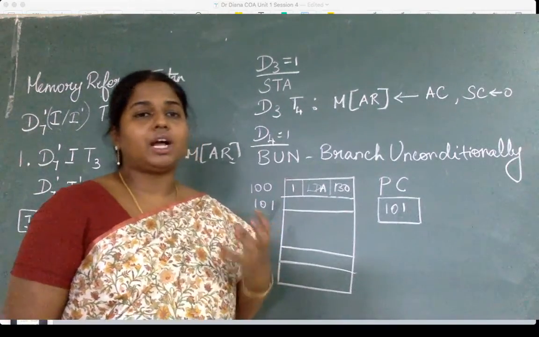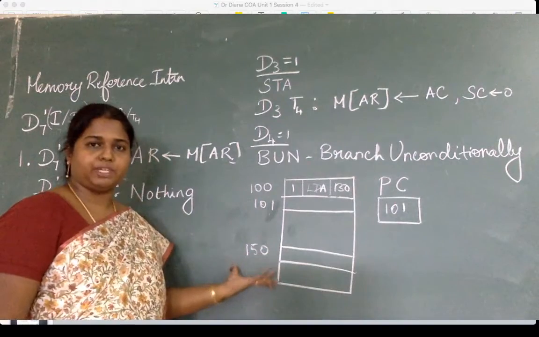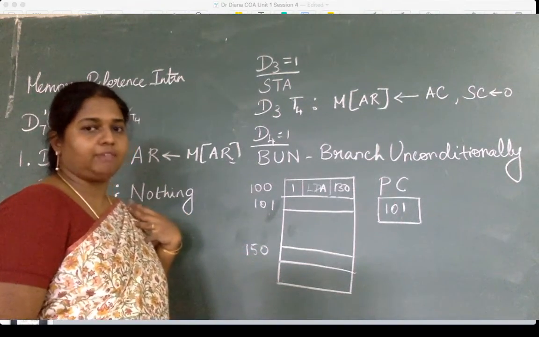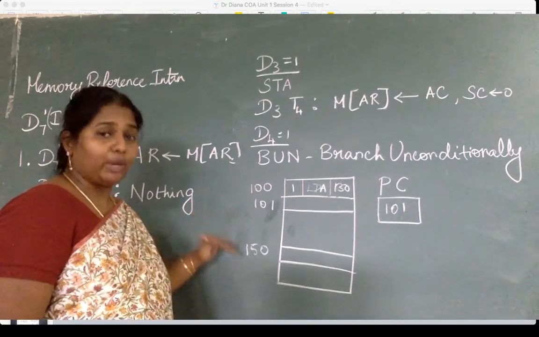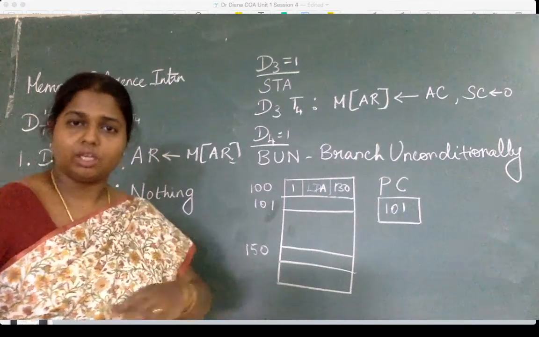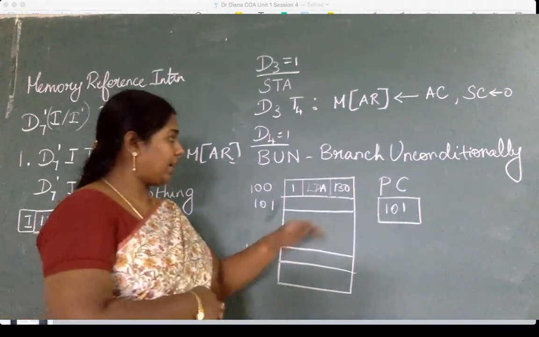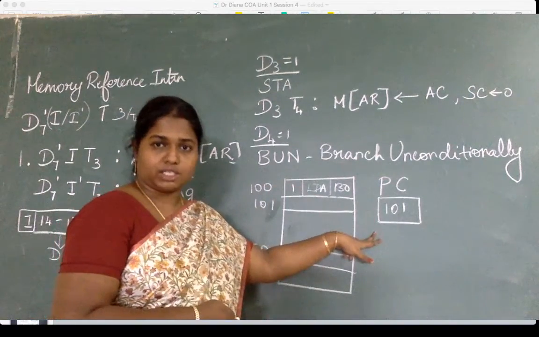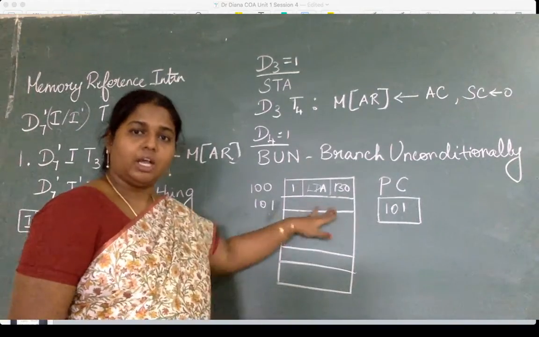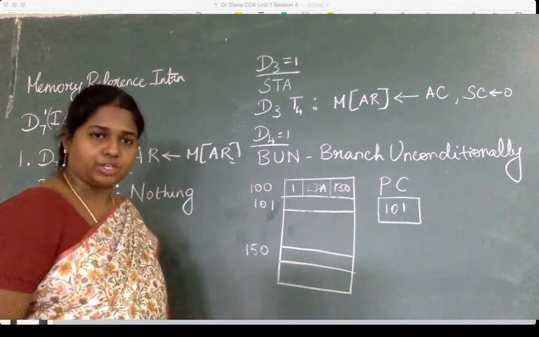Now imagine I have a subroutine at memory location 150. I have to execute that immediately after this LDA operation. I have to indicate to the control system that instead of executing the instruction at 101, it should start executing some instruction at this location.